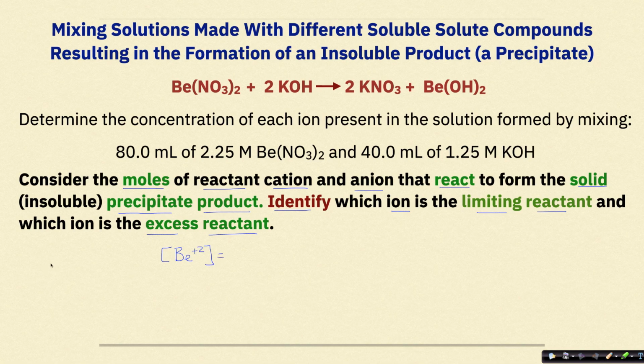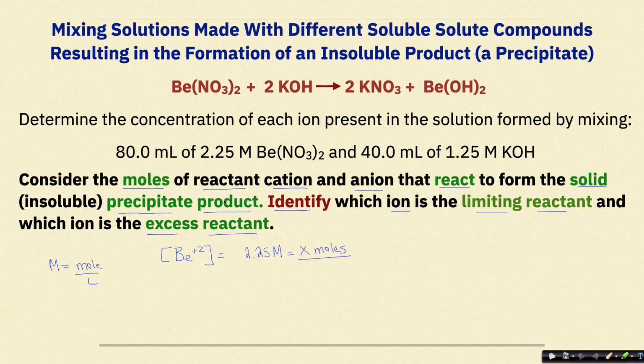And going back to writing our formula, molarity is equal to moles over liters, and we want to find moles. So the molarity associated with Be is 2.25 molar. Okay, we are solving for X. We're solving for our number of moles.